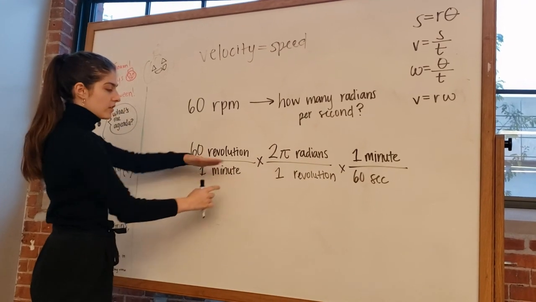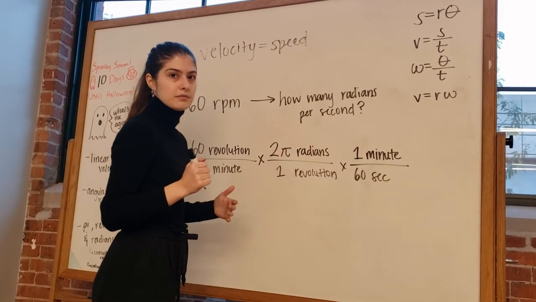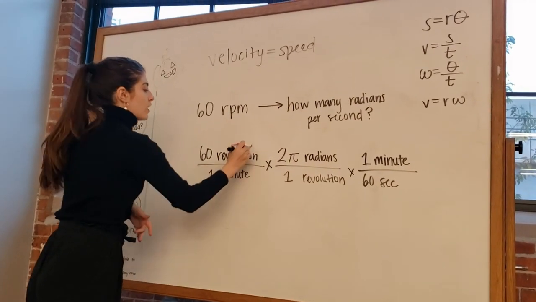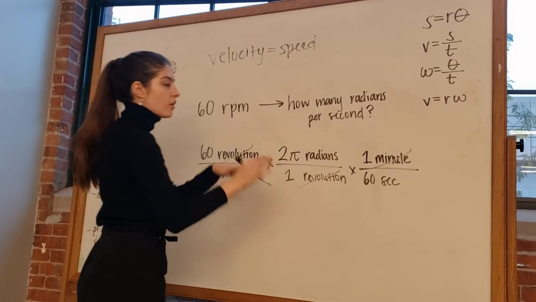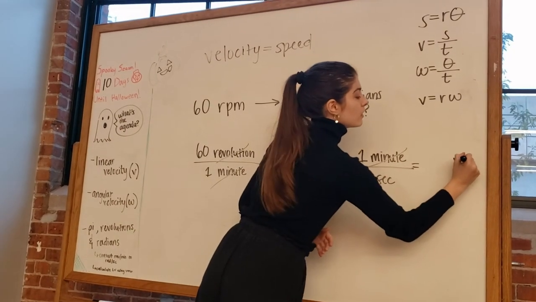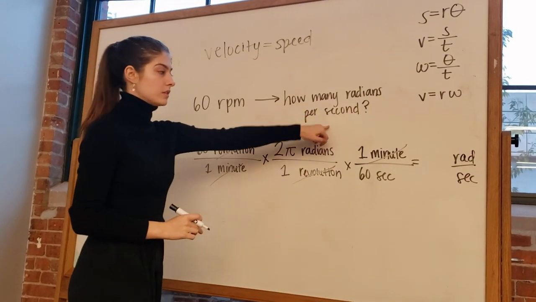Because we have minutes down here in the denominator, so we want minutes in the numerator so that they cancel out. Once we do this, the revolutions cancel out, the minutes cancel out, and the only units we're left with are radians over seconds. So our answer is going to be radians per second, which is what we wanted.